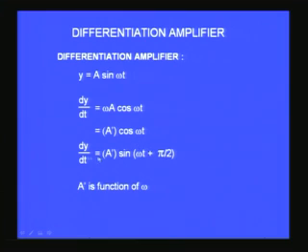Therefore I rewrite this equation as dy by dt is equal to a prime sine omega t plus pi by 2. So this, if you compare with y is equal to a sine omega t, that's the input signal, you can see they are of the same type. This is also a sine wave, this is also a sine wave, except for a phase factor, and the amplitude a has now become a prime.